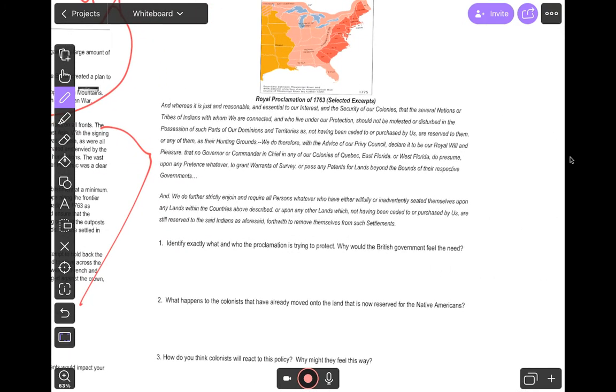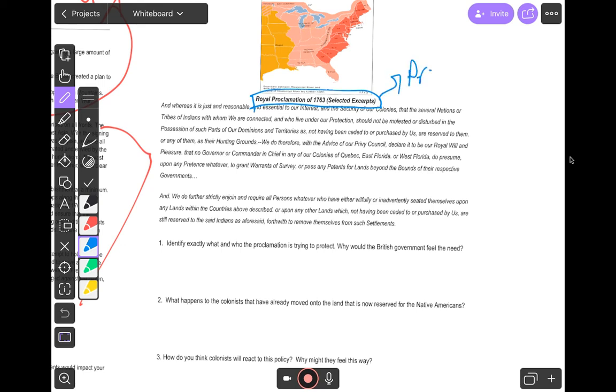The second source you're using is a primary source, and this is actually coming from the Royal Proclamation of 1763. This is the actual language of the declaration that the British created to limit the movement of the colonists. So once again, we're going to read the questions first, turn them into a sentence starter.